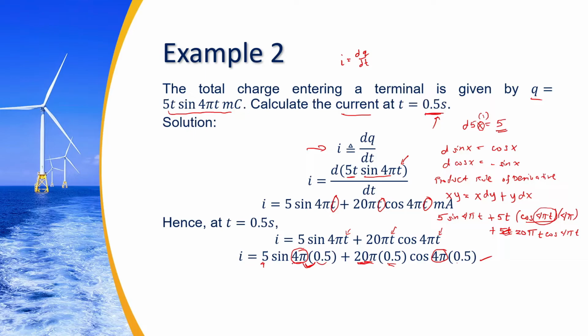Therefore, magiging sagot natin diyan is i is equal to 5 sine 2 pi plus 10 pi cosine 2 pi. At syempre, kapag using calculator, naka-radian mode.